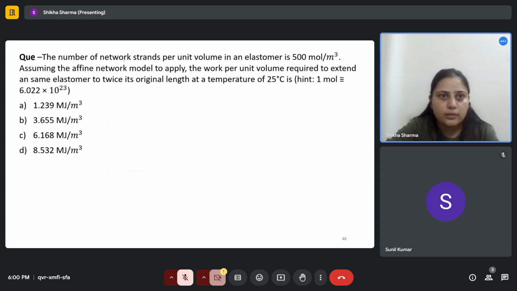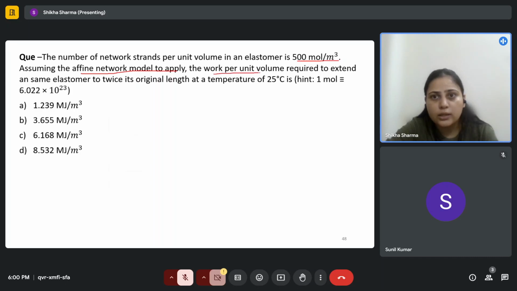So it is saying the number of network strands per unit volume is given in an elastomer as 500 mole per meter cube. We need to assume the affine network model which is applying here.